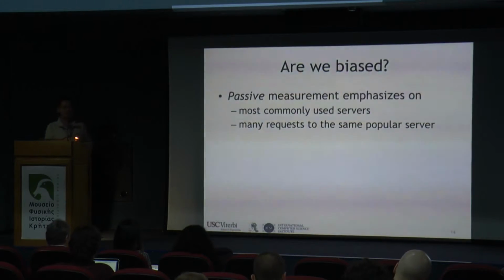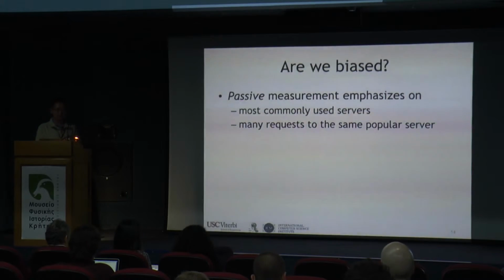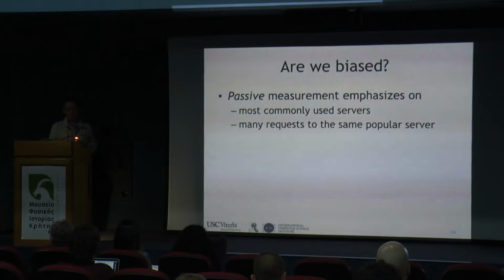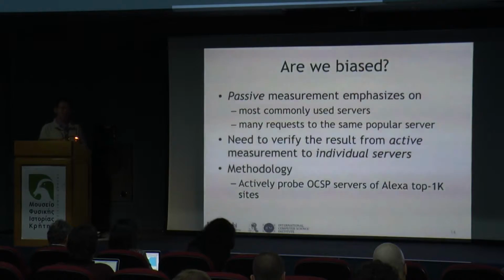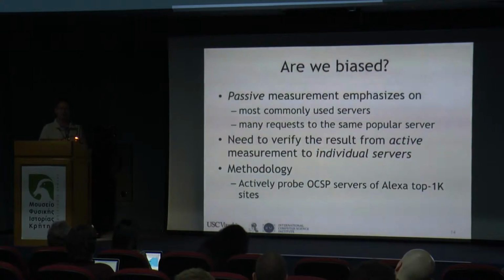The previous passive measurement emphasizes some very popular servers, and it contains a lot of requests to the same popular servers. So here we want to verify our results with active probing. We actively probe the OCSP servers of some very popular websites from our two vantage points at USC and UC Berkeley.